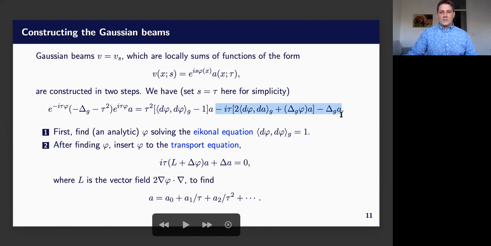So we equate this, which is now painted blue, to 0. And this gives the so-called transport equation. And now, for a reason which I will explain, it is convenient to write this part here as a vector field capital L. And we also assume that A is an amplitude, which means that it has a decreasing power series.